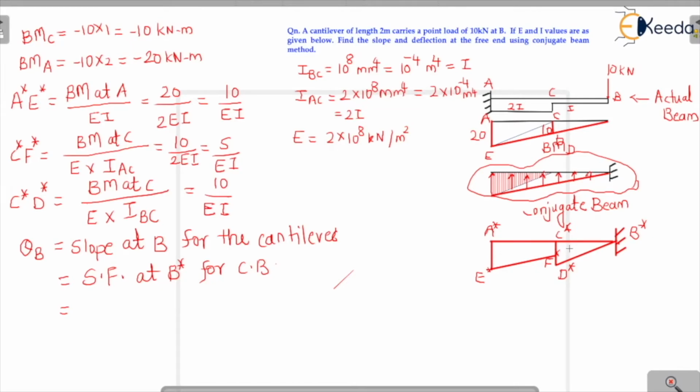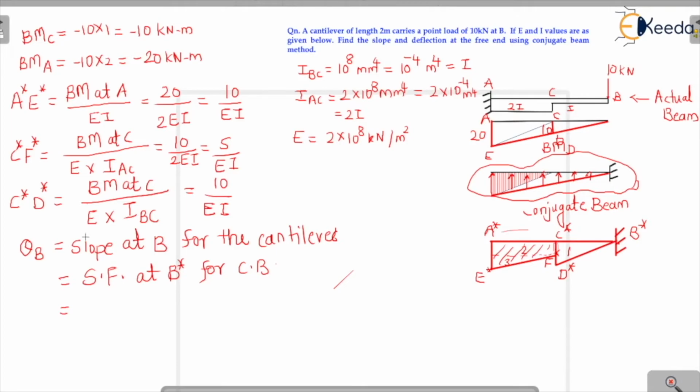If I consider area number 1, then here also I need to divide it into two parts. Suppose this is one triangle, this is one triangle, and this is one rectangle. So 1, 2, 3. You can name these diagrams any way. Or otherwise we can also consider it as a trapezoidal area, or you can divide it into two parts.